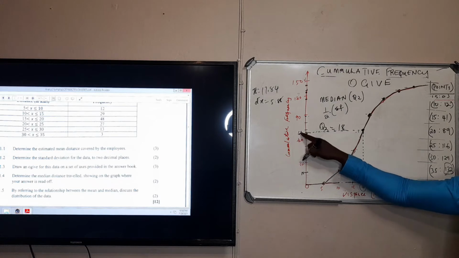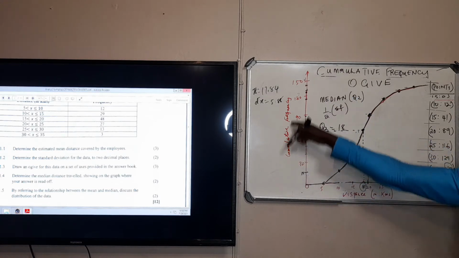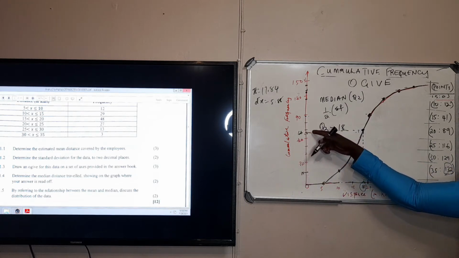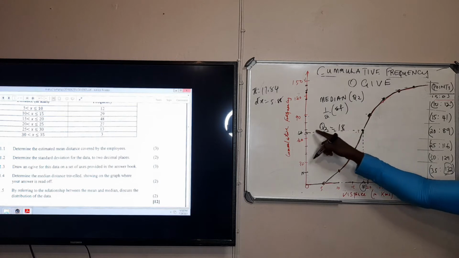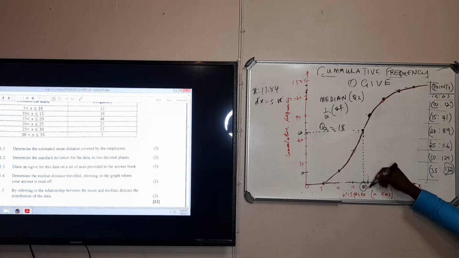So the 66, you go there on the Cartesian plane on the y-axis where it is written cumulative frequency. Choose that 66. When you are there, read it to the graph. Draw dotted lines up until it touches the graph. Then you draw another dotted line to go to the x-axis and read the median distance traveled.